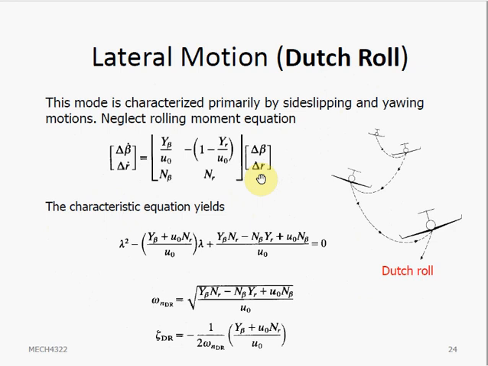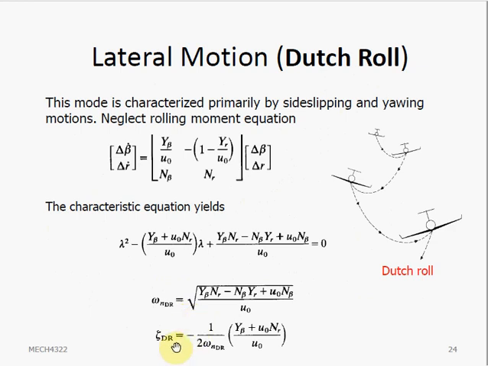So now the Dutch roll motion is approximated by this state space with a 2x2 state matrix. From here, we can compute the characteristic equation and then the approximate equations for Dutch roll mode frequency and damping ratio.